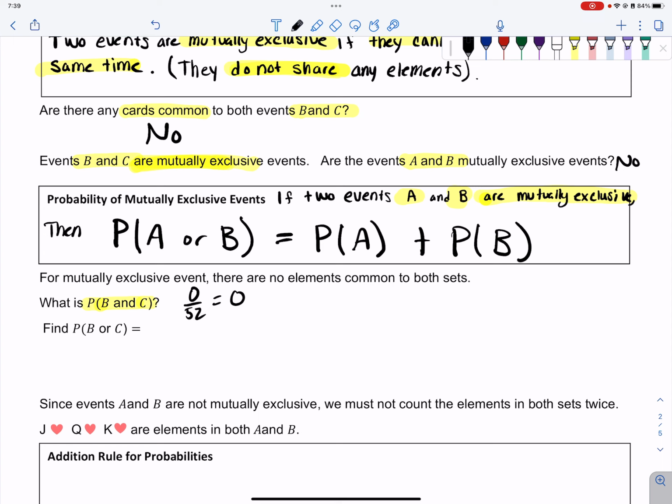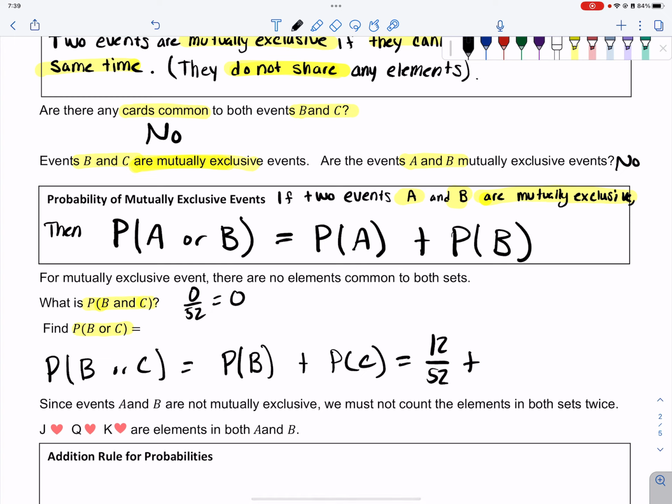But now our probability of B or C happening, well, since they don't share any cards, we can say that this is equal to the probability of B plus the probability of C, which we already calculated. We have the probability of B being 12 over 52, and the probability of C being 6 over 52.